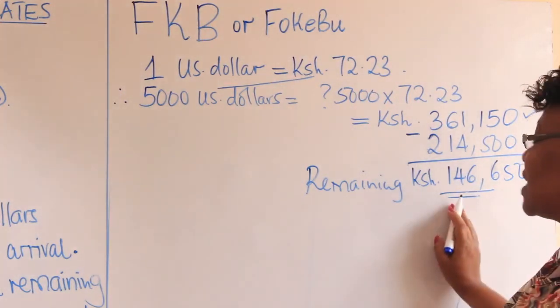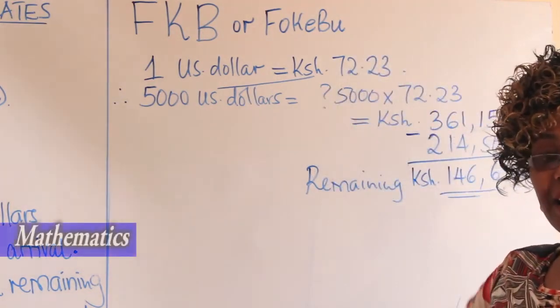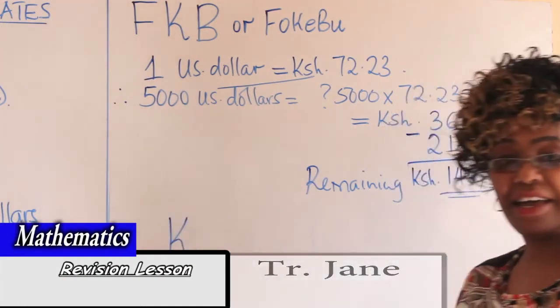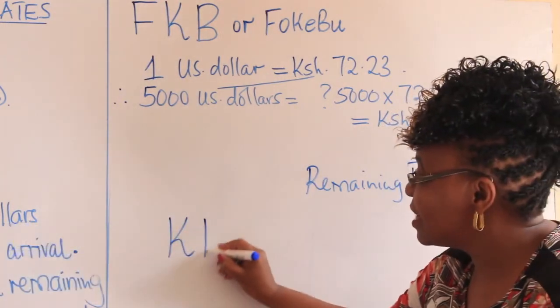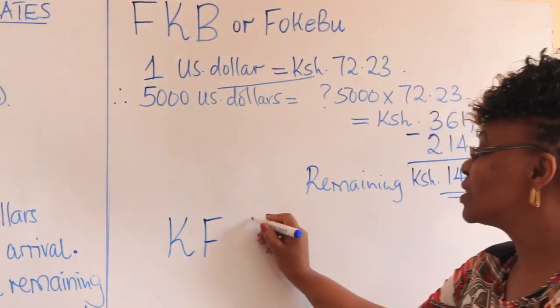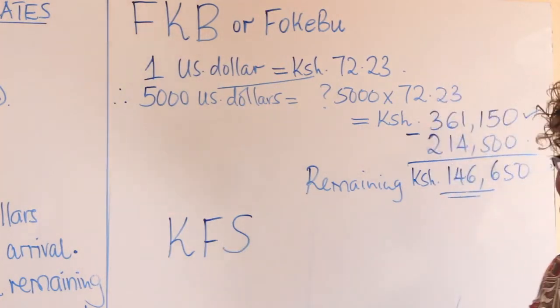So how did he convert these Kenya shillings into sterling pounds? Another formula here. If you have Kenya shillings and you want to convert them into foreign currencies, the bank does what? The bank sells. We call it KFS.